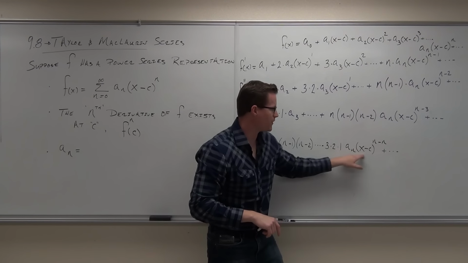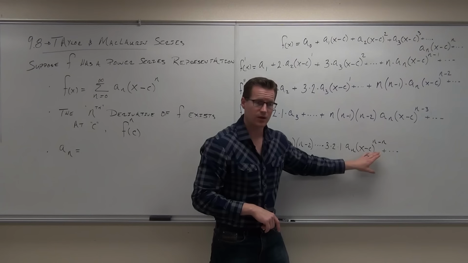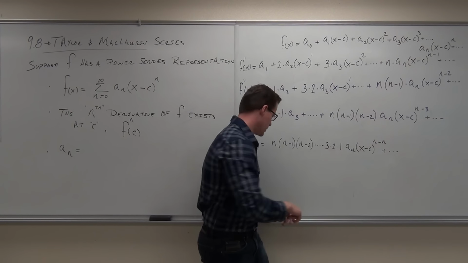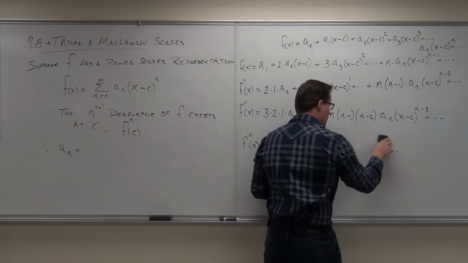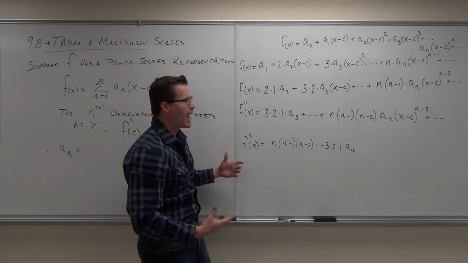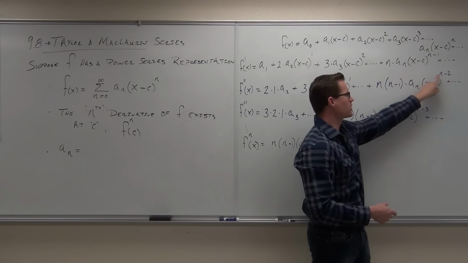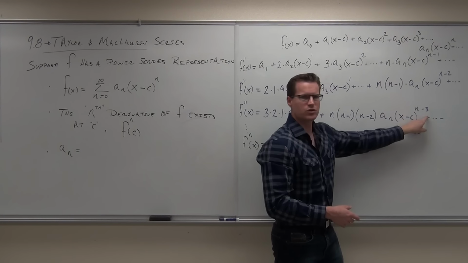What happens to this final little piece here? Where's that go? This goes to 1. Anything to the 0 power is 1. So this is going to be gone. So what we know is that if I take an nth derivative, because I'm taking this down every time and saying, hey, one more derivative, I bring down the n minus 2. One more derivative, I bring down the n minus 3.